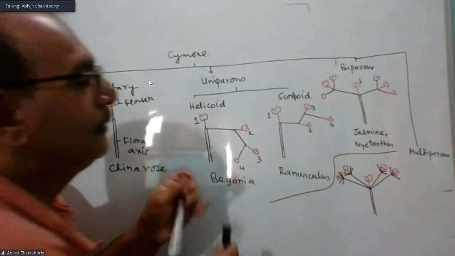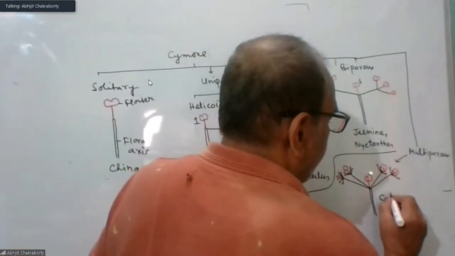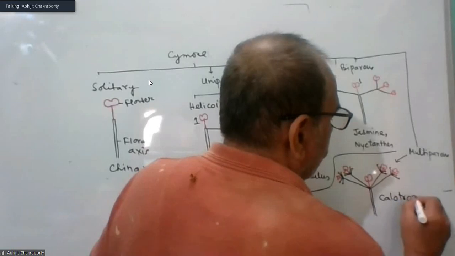So you can call it multiparous. Example, Calotropis.